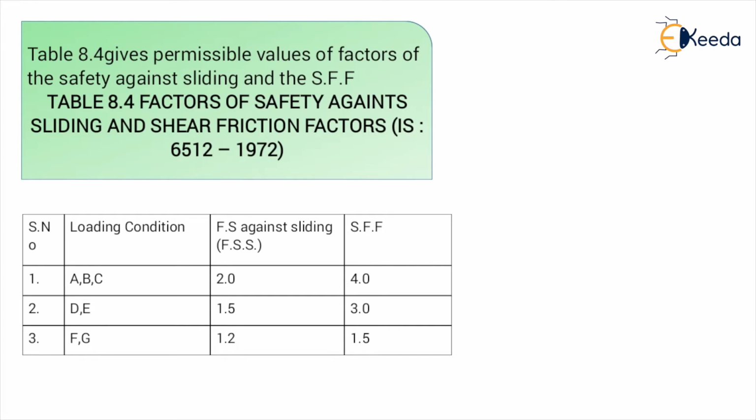In loading condition B, water is stored on the upstream side, so full reservoir elevation. Because of this stored water, we have tailwater on the downstream side.